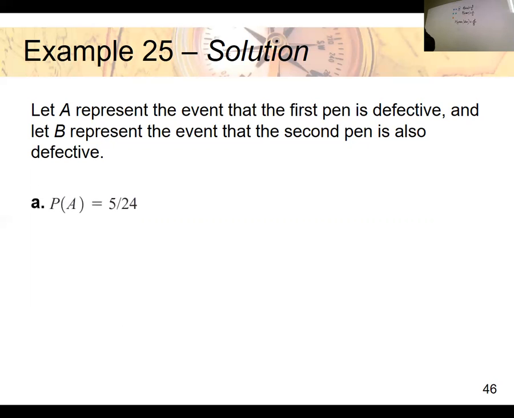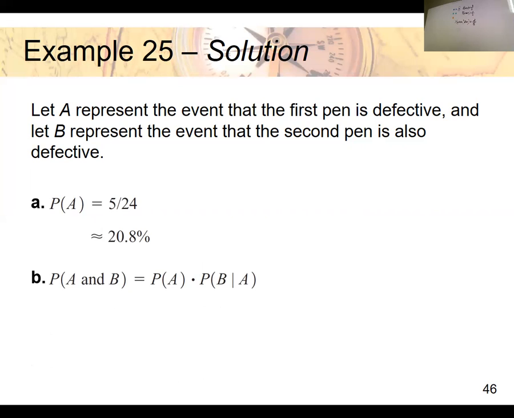So if he only draws 1 pen out of that container, the probability of him drawing a defective ink pen would be 5 out of 24, because there are 5 pens that are defective out of 24. And as a decimal, that's 20.8, I mean, yeah, percent.